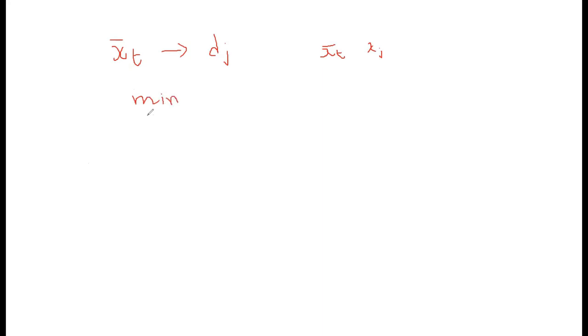Min over i of d of xi comma x test, where xt means the x test sample, equals d of xj comma x test.